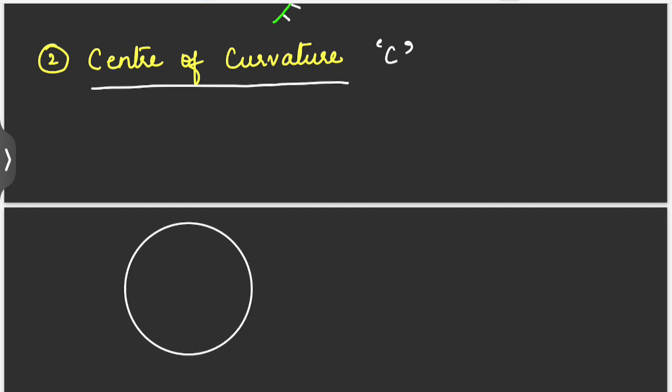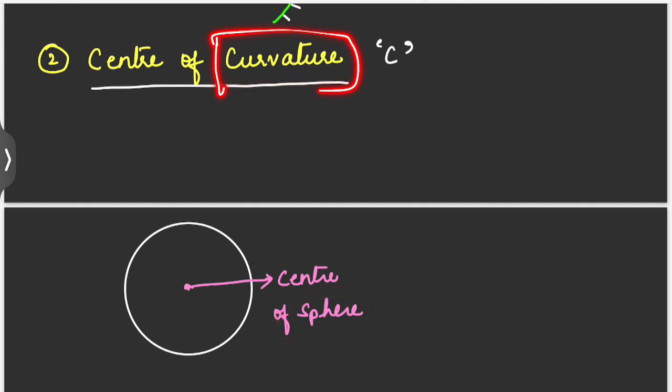This is called a sphere. The center of the sphere is called the center of sphere. But what we have written here is center of curvature, not center of sphere.